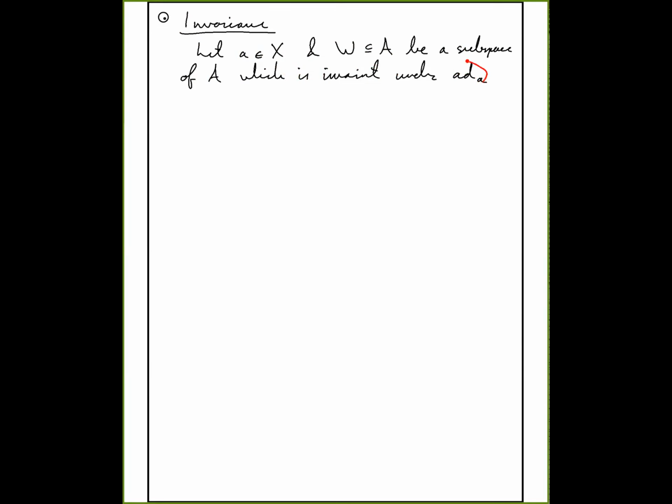Because the adjoint is semi-simple on A, it turns out it is also semi-simple on W. So this implies that W decomposes as a direct sum of these subspaces, where W_lambda is, well, that's just going to be W intersected with the lambda eigenspace with respect to A.